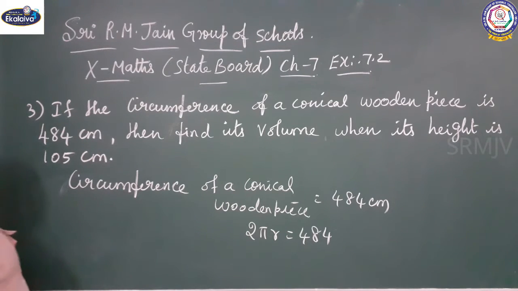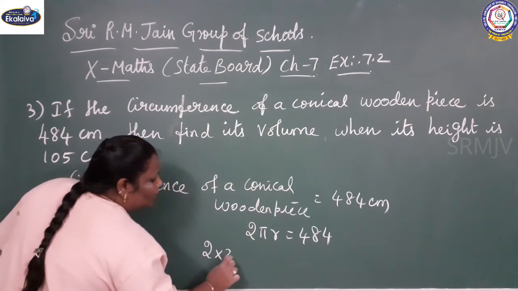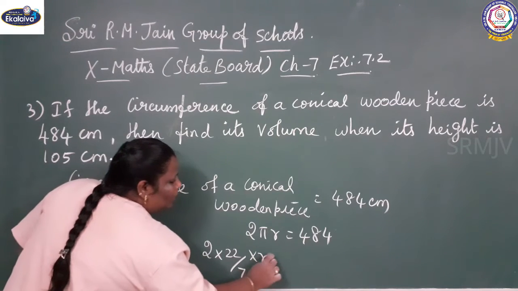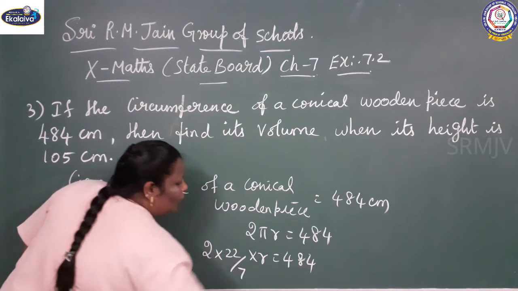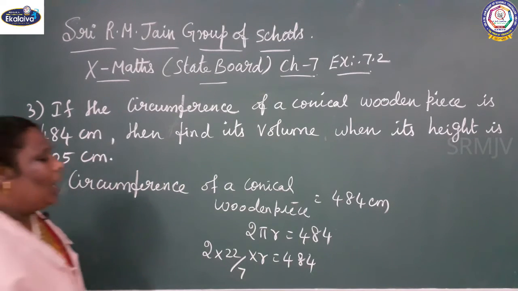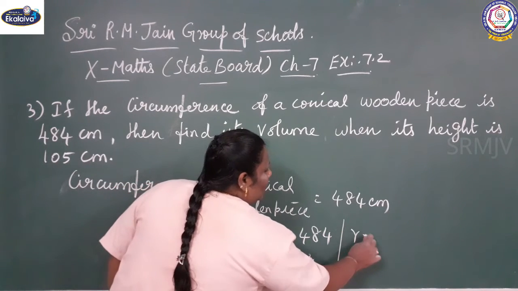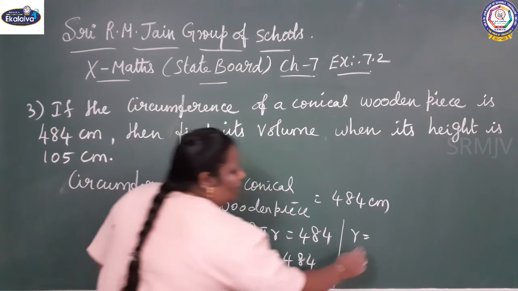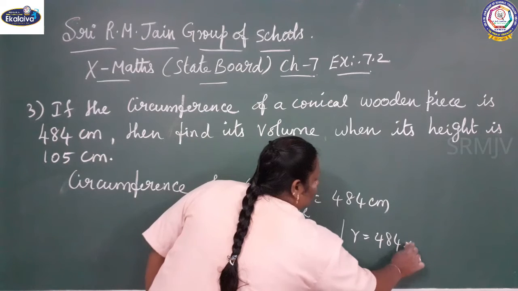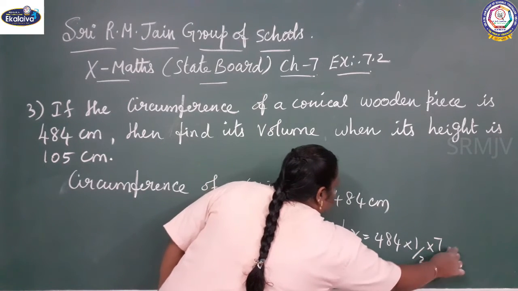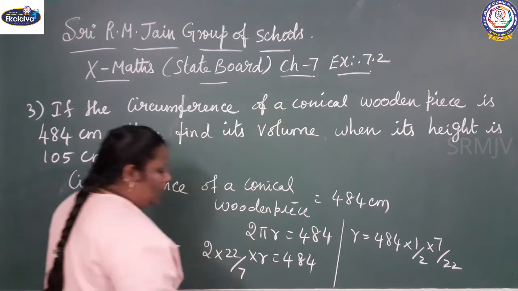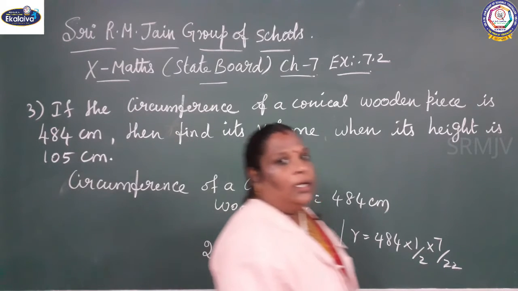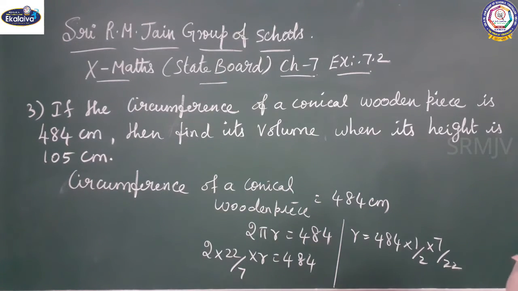So from this you can find the value of r. 2 into 22 by 7 into r equal to 484. r equal to 484 into 1 by 2 into 7 by 22.